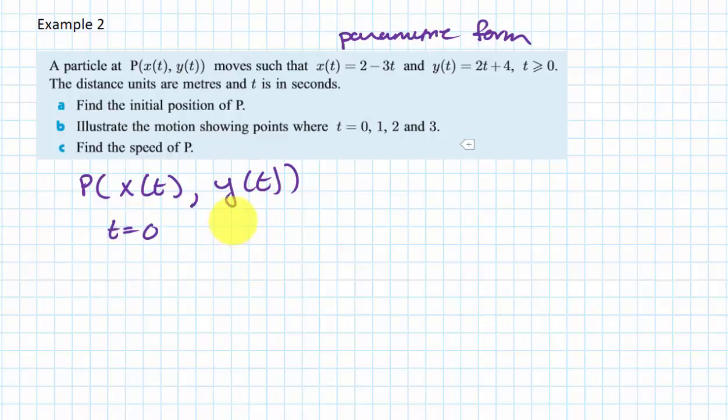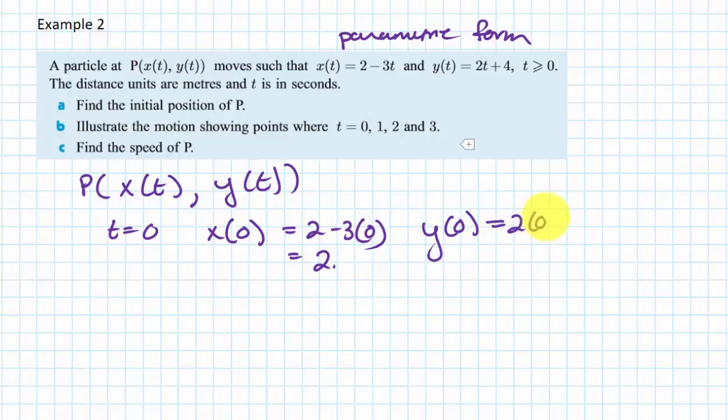So if we're going to find the horizontal component, so x is 2 minus 3 times 0, which gives us 2. And we also have to do the same for the y. So 2 times 0 plus 4, which is equal to 4. So that means that when t is equal to 0, the x value is 2 and the y value is 4. So that is actually a point on the line.